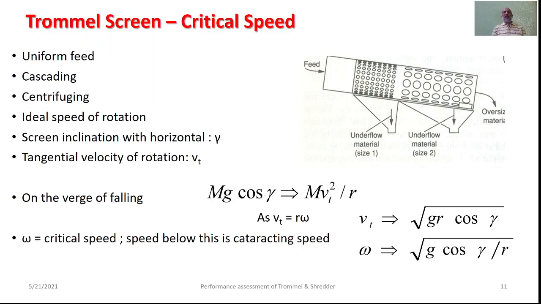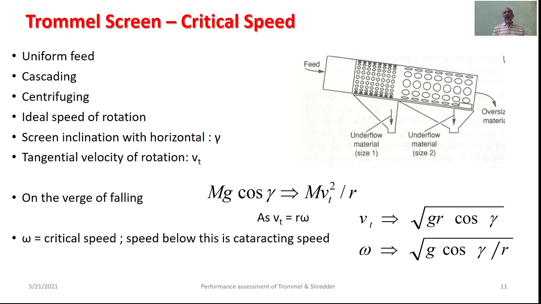This trommel screen should work with a uniform feed, avoiding simple cascading. Otherwise the material will simply keep on rolling, won't pass through the holes, and will simply move out of the screen.